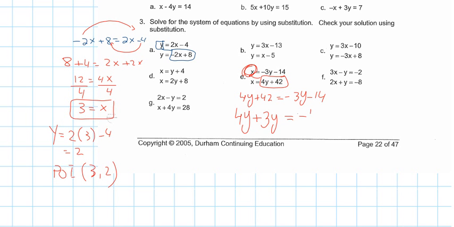When I move the 42 over, what does it become? Negative 42. Okay, what's 4y plus 3y? 7y. Equals negative 56. And then divide by 7. So that gives you, what's negative 56 over 7?